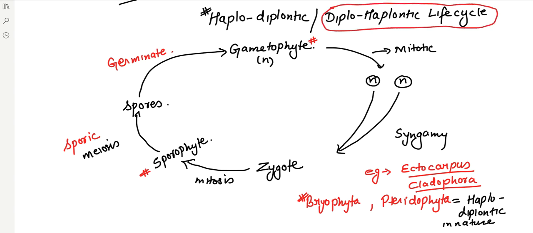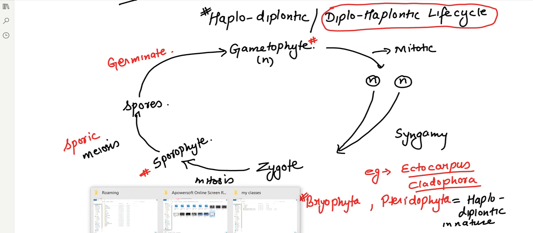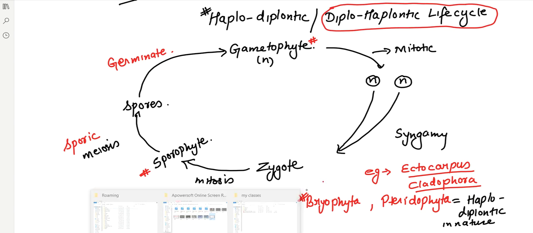Okay, they only talk about the haplodiplontic life cycle. Clear? So if in the exam they ask you which kind of life cycle pteridophyta shows, we'll say they show haplodiplontic life cycle. Bryophyta shows which kind of life cycle? It shows haplodiplontic life cycle. Clear?